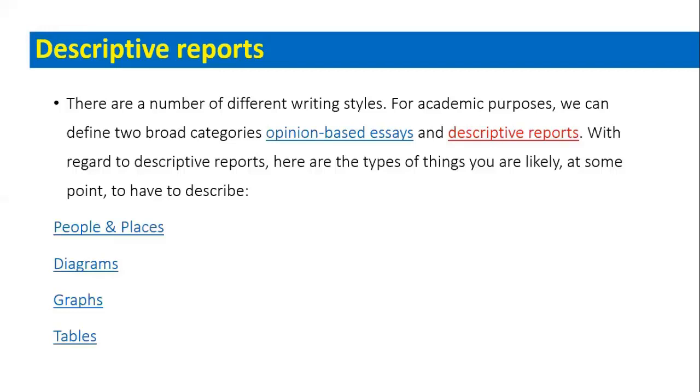With regard to descriptive reports, here are the types of things you are likely at some point to have to describe. For example, people and places, diagrams, graphs, and tables.